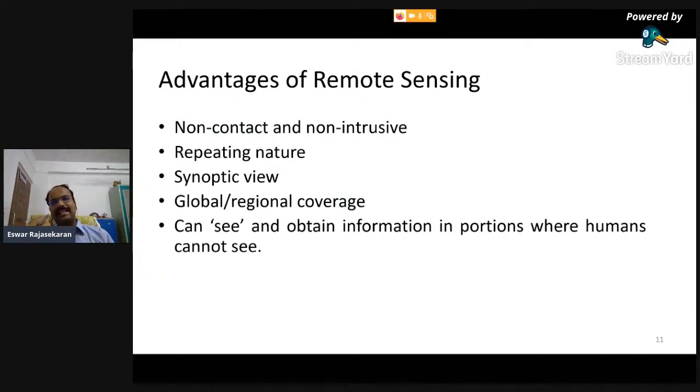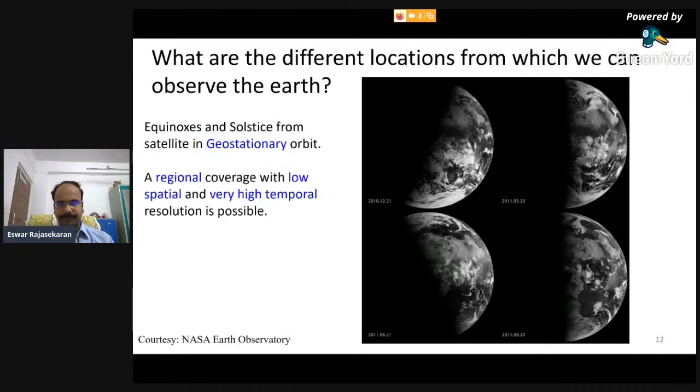So our eyes can see only a very small fraction of the world in its truest form. There are other forms of energy in which objects manifest themselves in a completely different way. So by developing new sensors in remote sensing, we are able to see objects or phenomena as they behave in different portions of the energy spectrum, other than the visible spectrum that we see. So this is one of the major advantages of remote sensing, right?